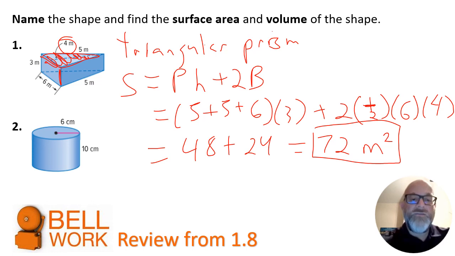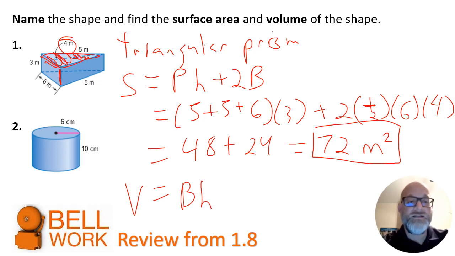Let's try the volume. Well, the volume of any prism is going to be the area of the base times the height of the prism. The area of the base, well, I think we already said it's 1/2 base times height of that triangular face.